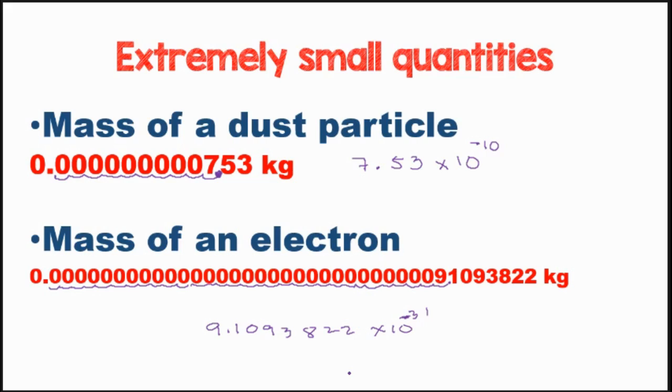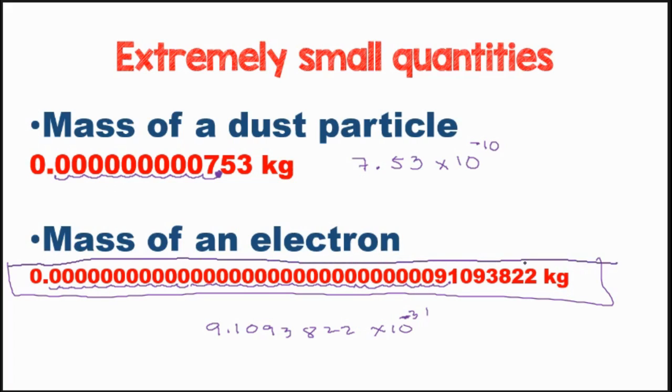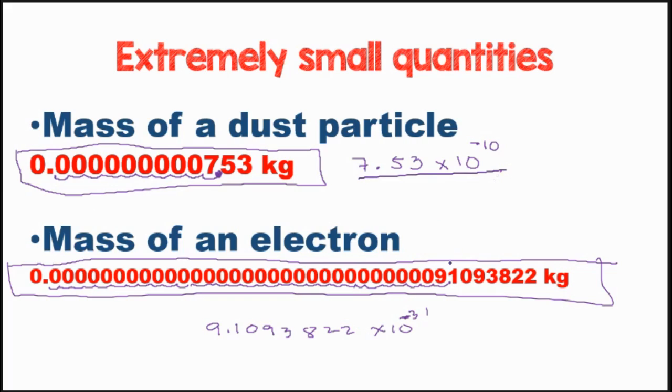It is tiring to transform into scientific notation, but it is more tiring to perform computations if you are going to deal with numbers such as this, written in decimals and not in scientific notation. You choose, which do you want to use? This or scientific notation? The midterm might be over before you finish solving. So please, learn how to transform decimals into scientific notation. It will be very helpful.